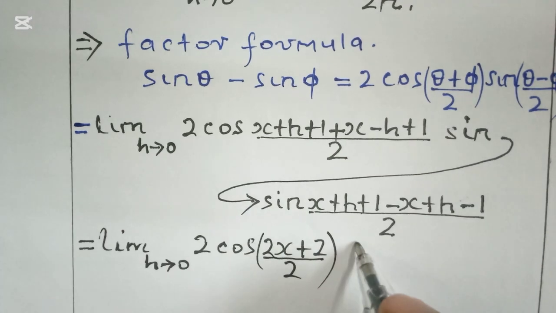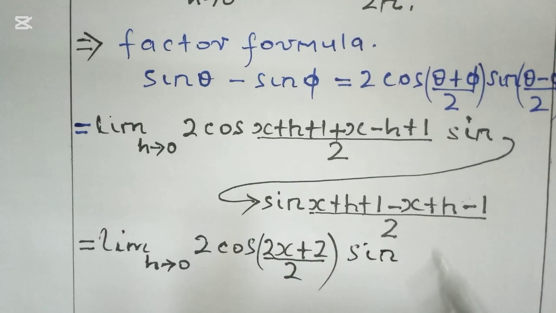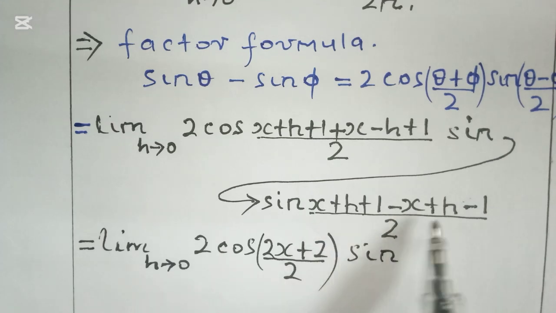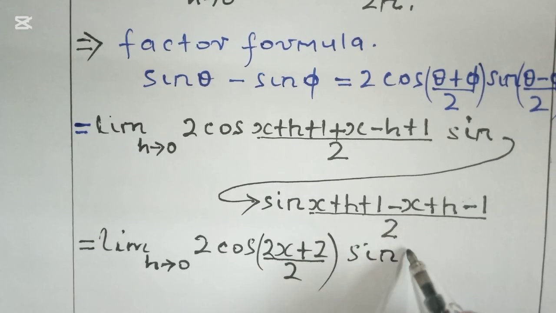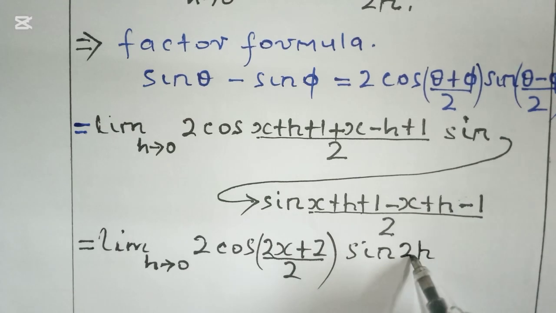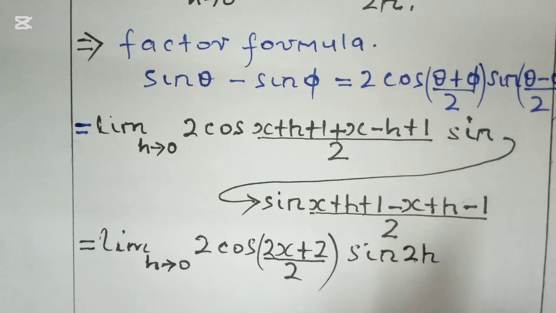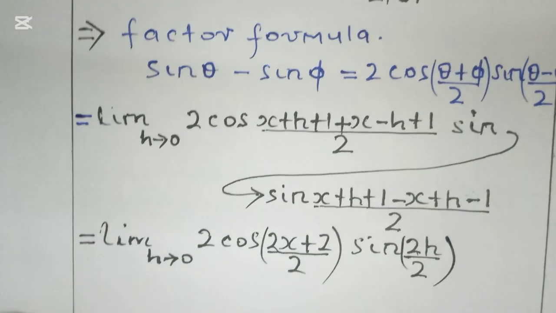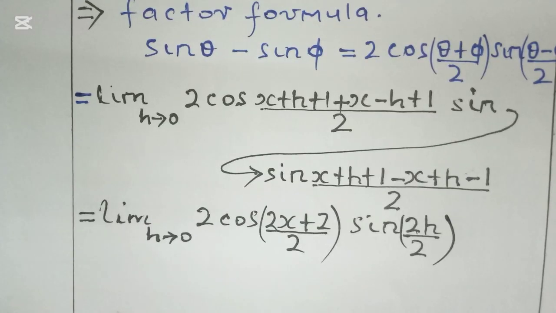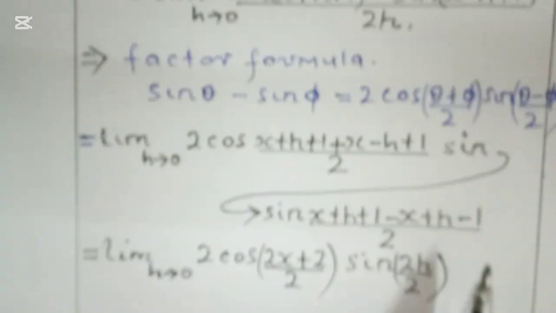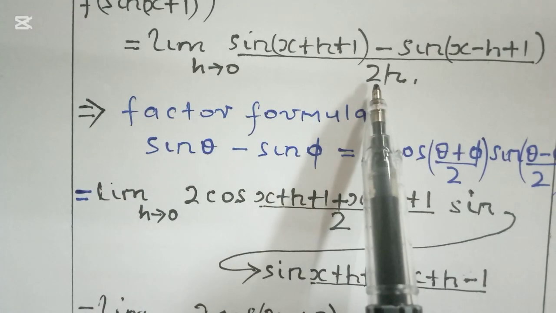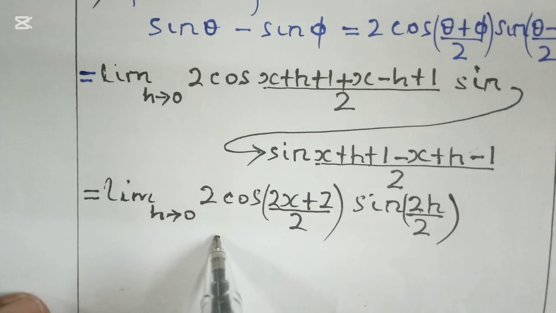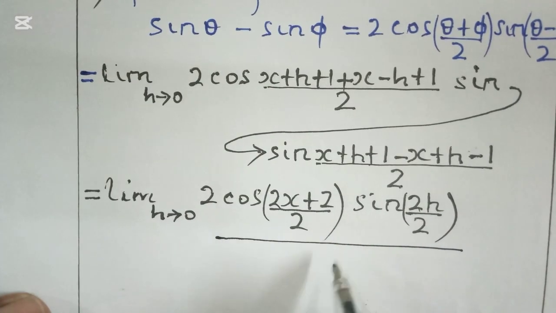Then you have sine of x minus x, that is 0, h plus h, 2h, so we have 2h here, 1 minus 1 is 0. So we are left with 2h here. All of this we are dividing by 2h.